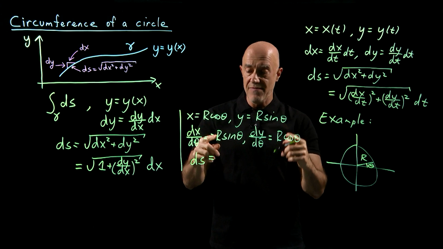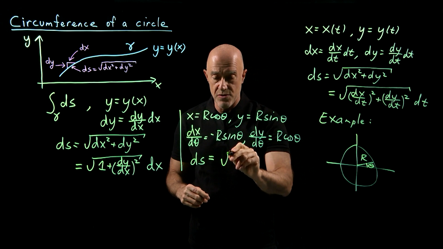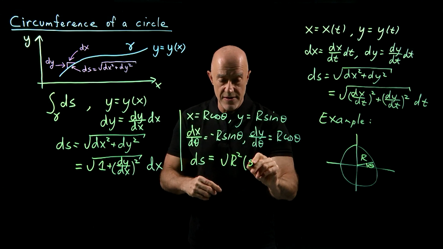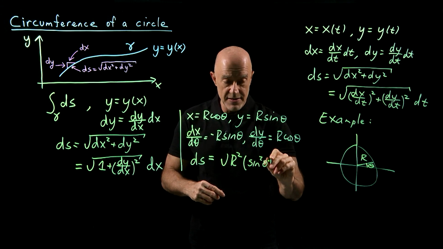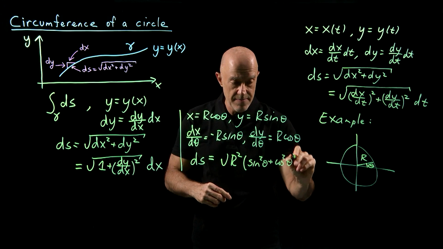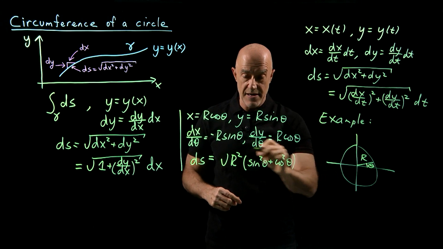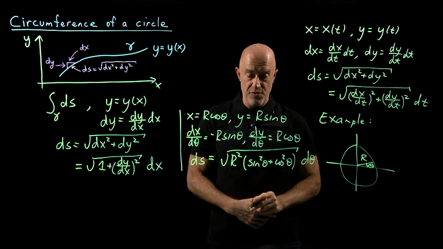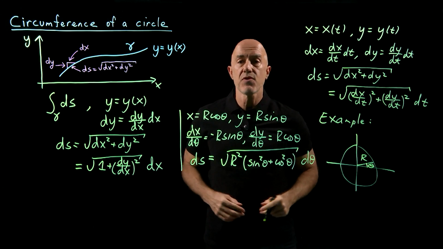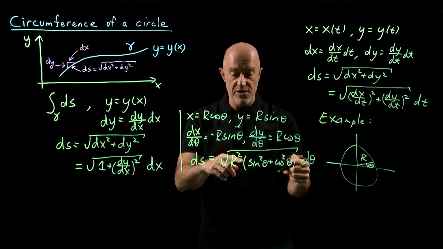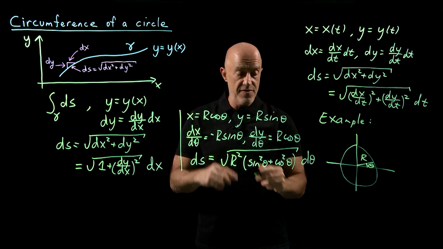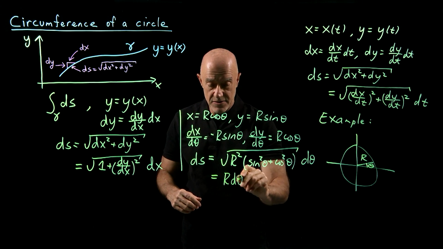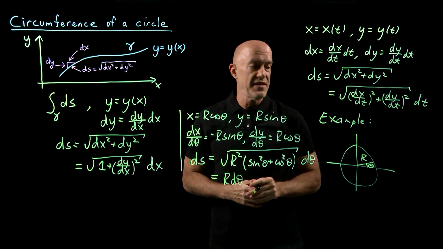Both of them have an r squared, so it's the square root of r squared, and then we have sine squared theta plus cosine squared theta, times our d theta, which is our parameter. And then sine squared theta plus cosine squared theta is 1, and the square root of r squared is r. So this becomes r d theta. So ds is just r d theta.